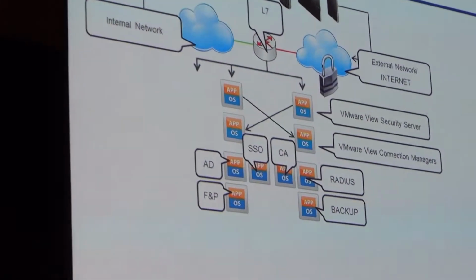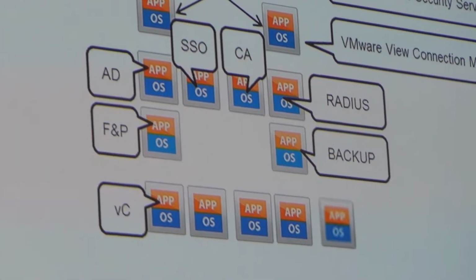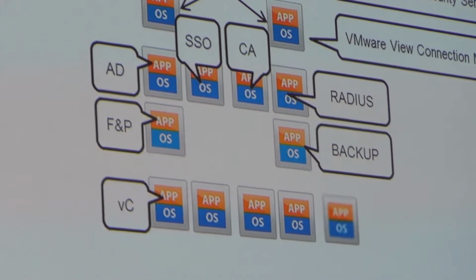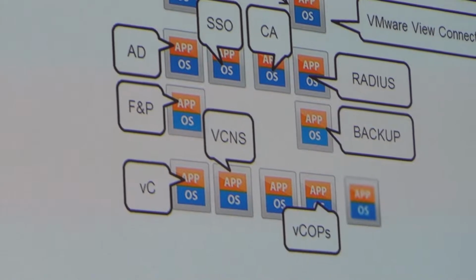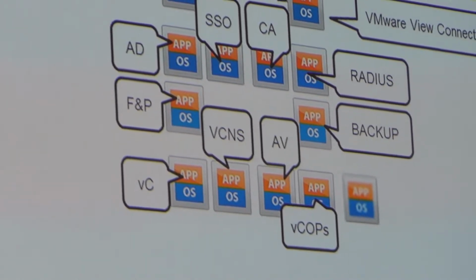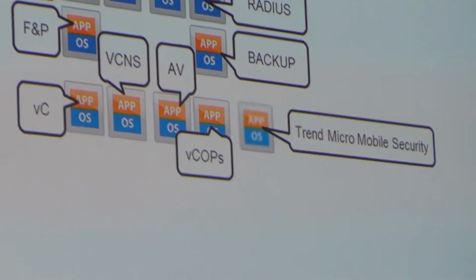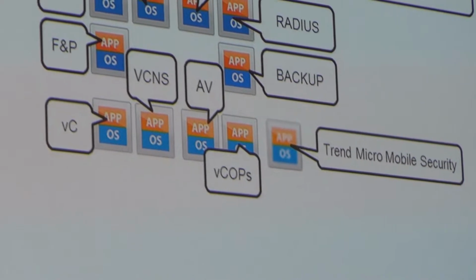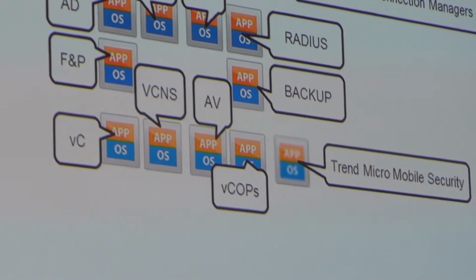Backup is also a portion of the solution if you'd like to have it set up. And here we fit the common vSphere portions such as vCenter, vCNS, or now NSX. vCOps for monitoring, AV, which lends itself greatly to Trenrenko. And in this solution that we're adding is Trenrenko mobile security, and we'll talk about how that fits in to enhance some of the security for our devices.